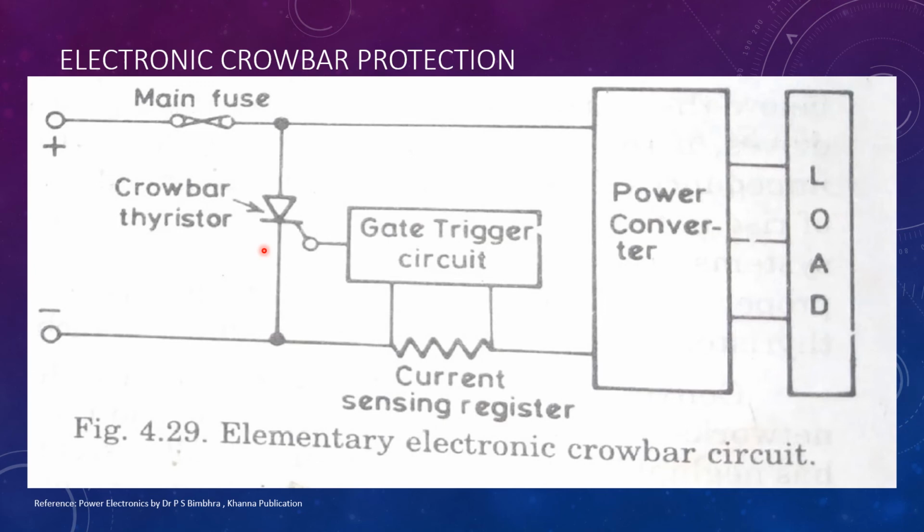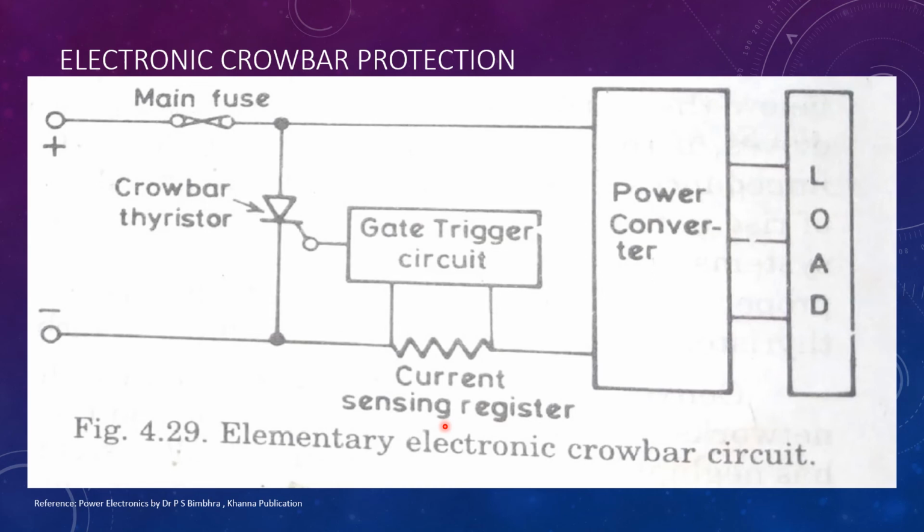In crowbar protection, a crowbar thyristor is connected across the input DC terminals. A current sensing resistor detects the value of converter current.